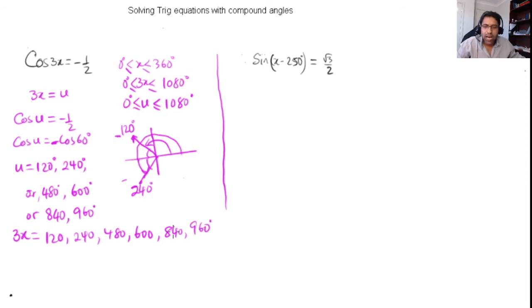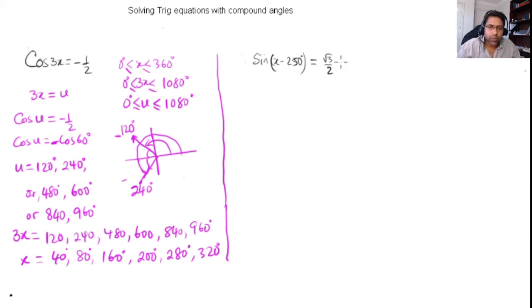We want to find the value of x, so we need to divide all these by 3, which gives 40 degrees, 80 degrees, then 160 degrees, and then 200 degrees, and then 280 degrees, and then 320 degrees. So look at the second one.